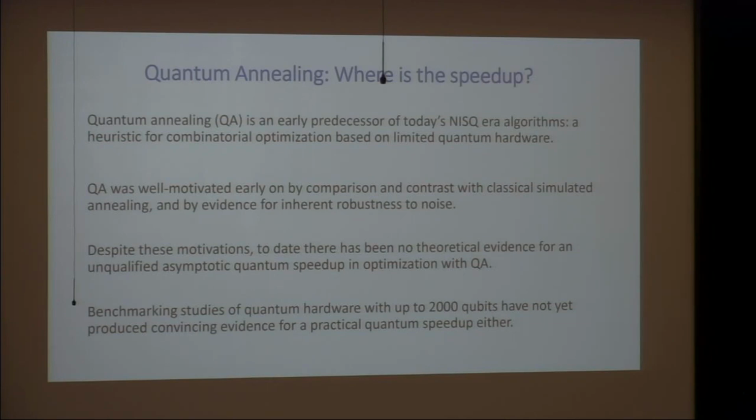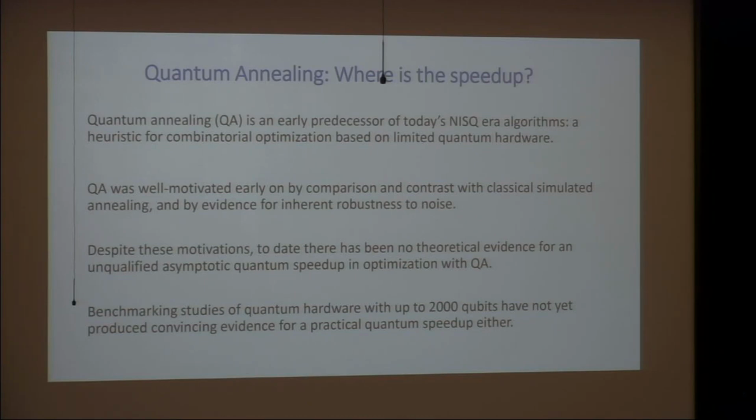But despite this, there has been to date no theoretical evidence for an unqualified asymptotic quantum speedup in optimization with quantum annealing, despite this long history. And even aside from theoretical evidence, well, it's a heuristic, so we would also be happy to see empirical evidence.